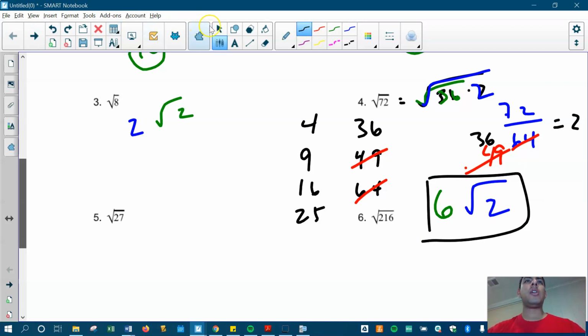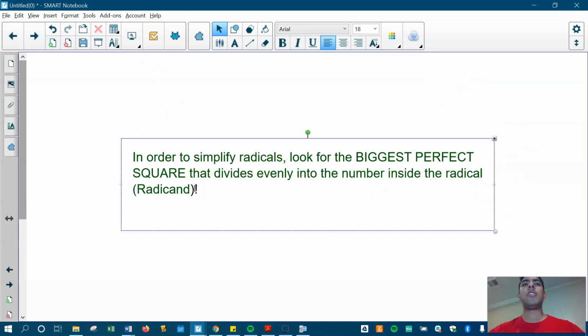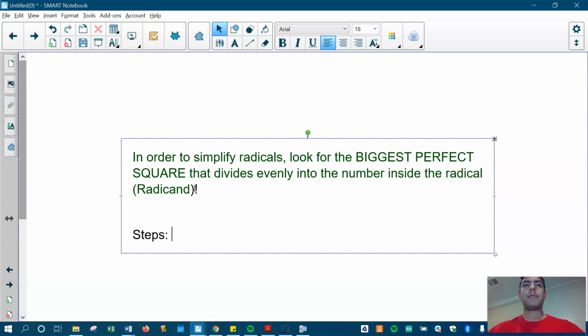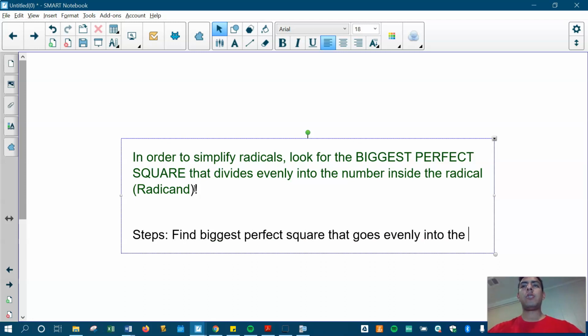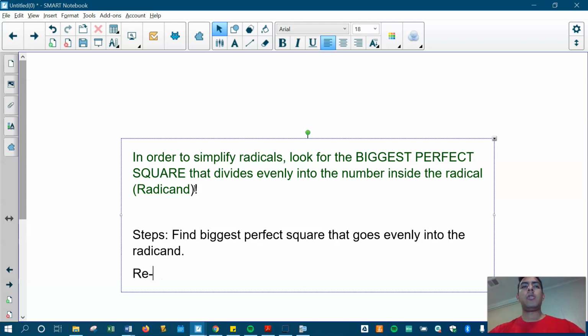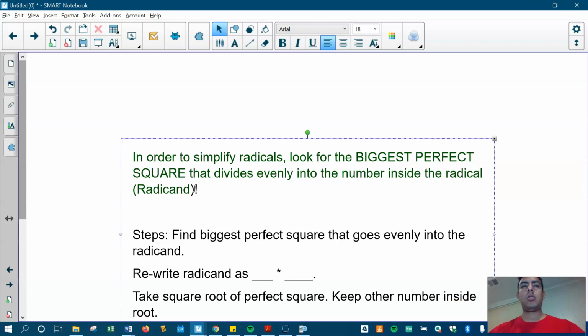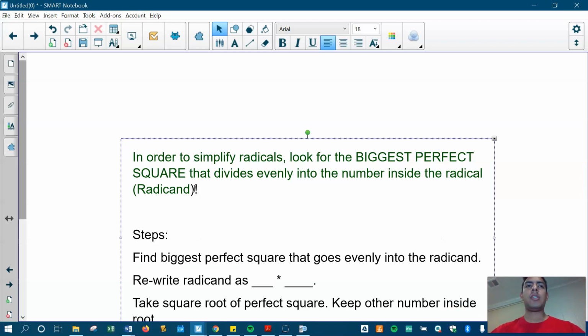So on this page, those are your steps, and I hope those make sense.